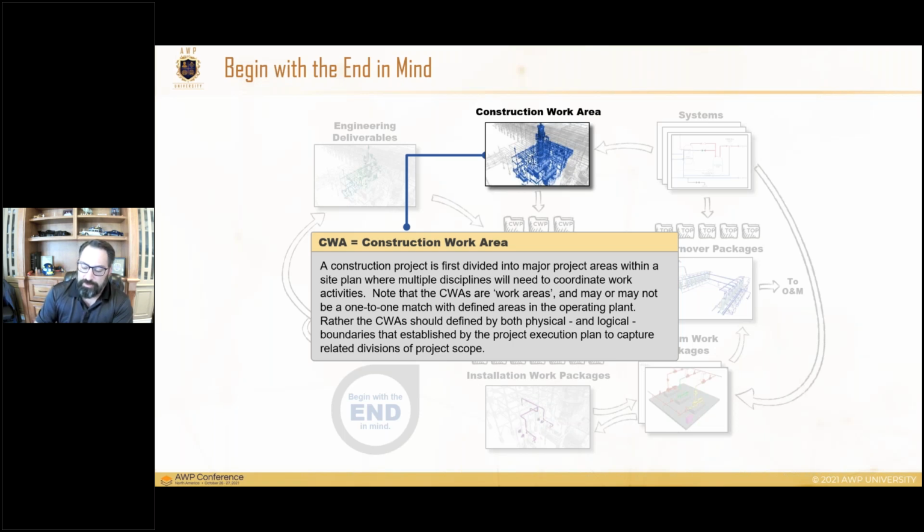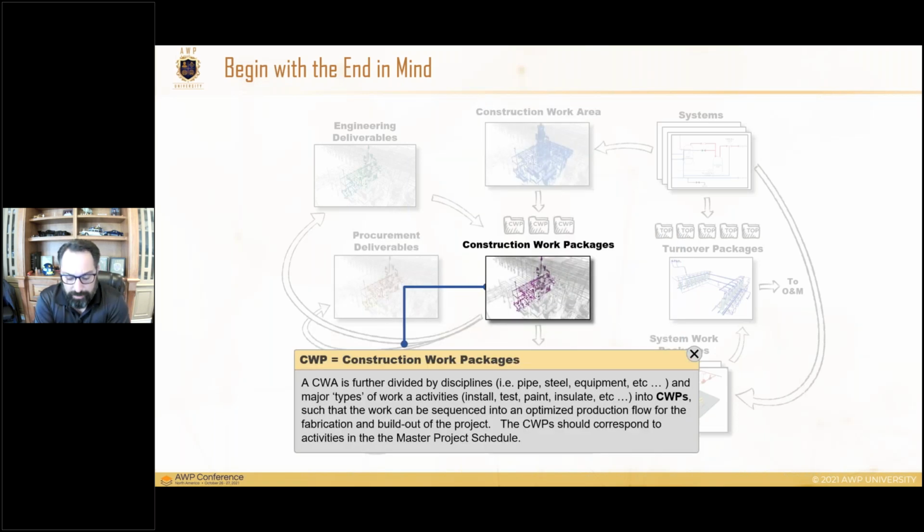But one of the things that we use those construction work areas for is starting to scope our construction work packages. Now, what is a construction work package? A construction work package is a discipline-specific package that breaks down the CWAs into further smaller pieces. CWPs, or construction work packages, do not cross boundaries of contracting.